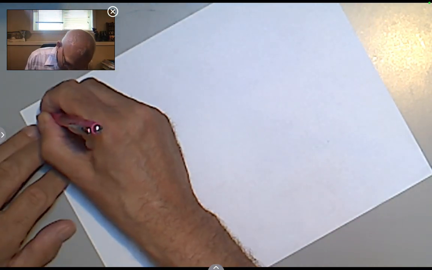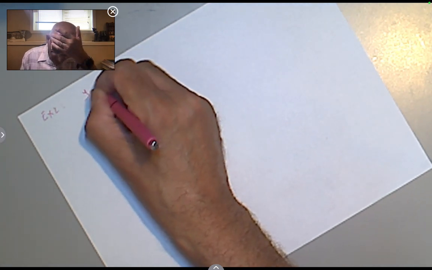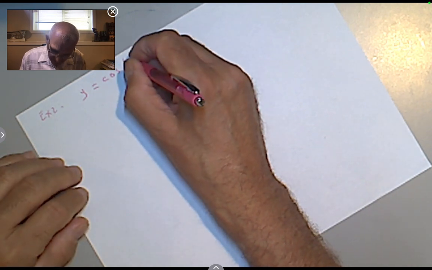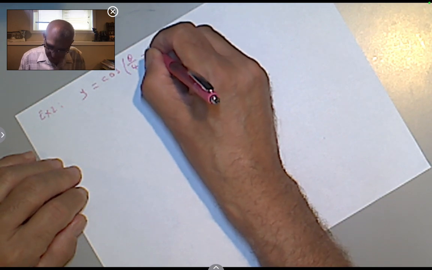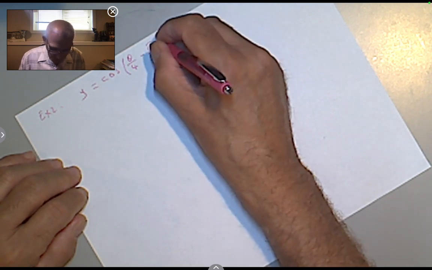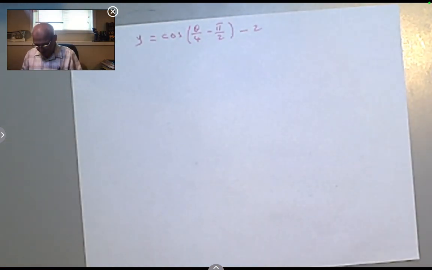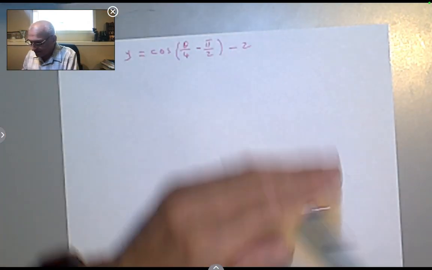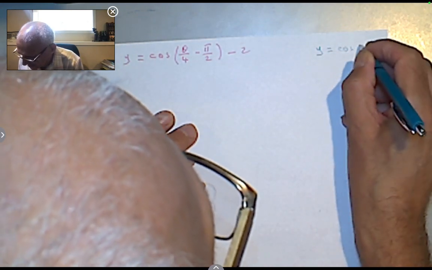Okay, example 2. Let's take a cosine. So y equals cosine, let's say theta over 4 minus pi over 2, and maybe this time we say minus a number. So again, my parent function is y equals cosine of x.